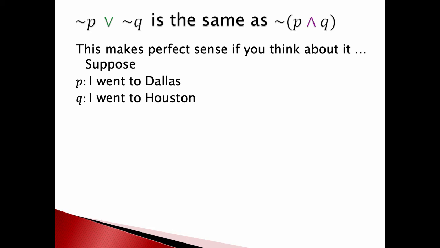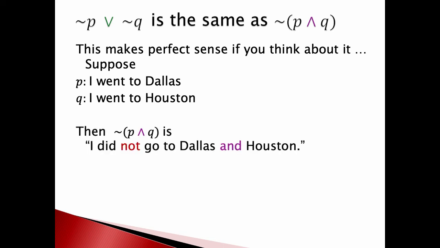What would not, parentheses, P and Q mean? It would mean that I did not go to Dallas and Houston. So I've done the and with the P and the Q, Dallas and Houston, and then negated that.